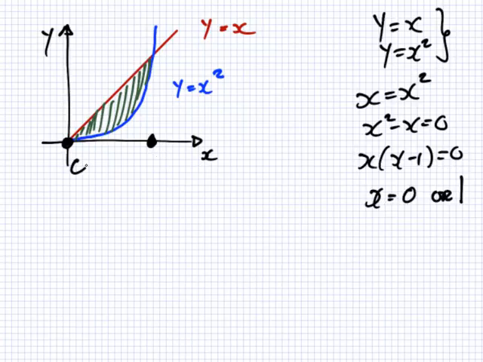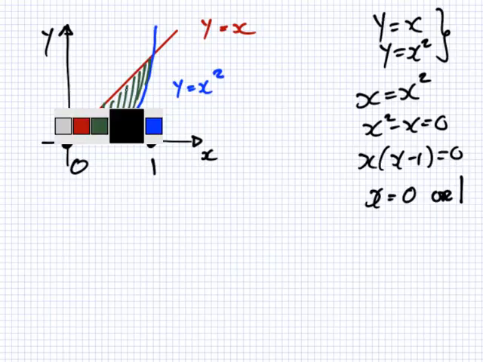So this is 0 and this is 1. Now, the area is a bit different here. In the previous examples, we were looking at area under the curve with the axis. But that's not the case here. In this question, we want the area in between two curves. And the way to calculate that is not very different.